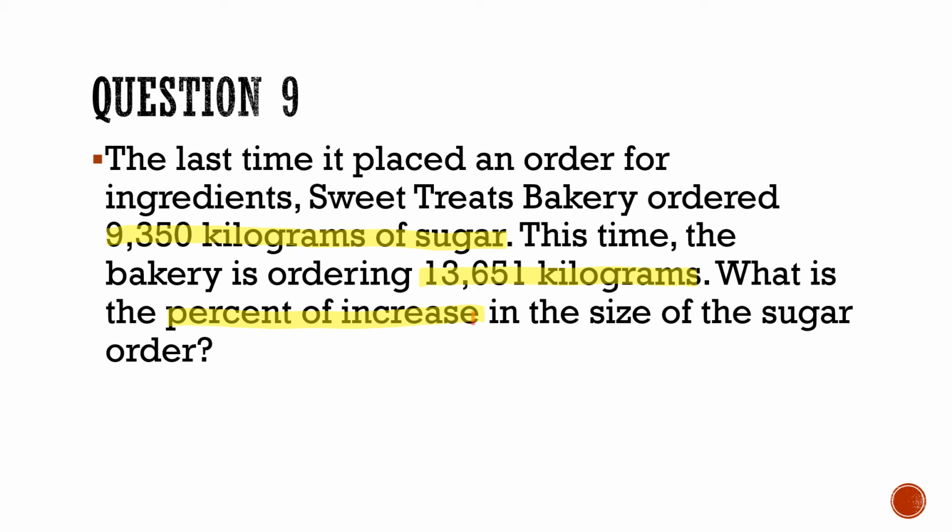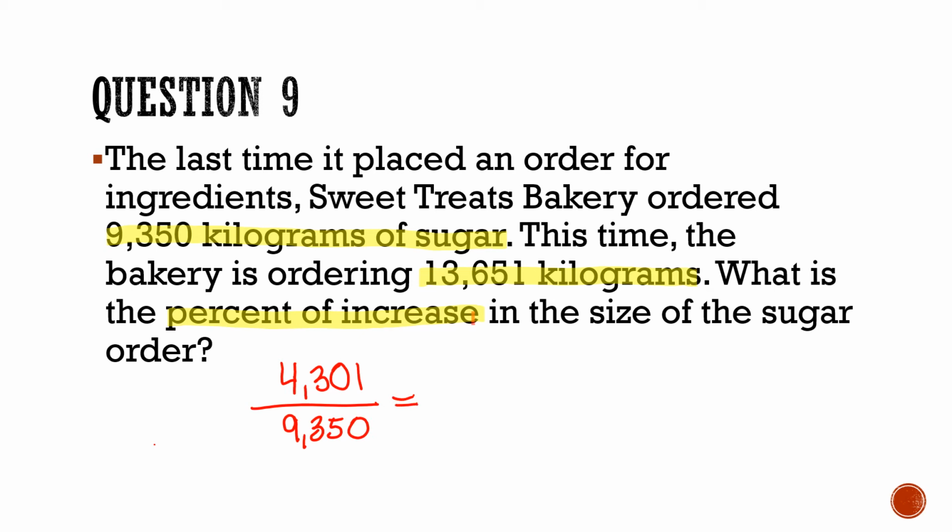So you would take that 13,651 and you would subtract 9,350, which leaves you with 4,301. That's your amount of change over what was your original amount. How much sugar did they order the first time? So the original amount was 9,350.